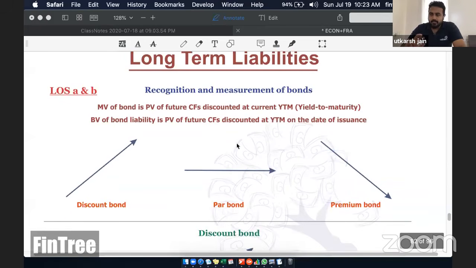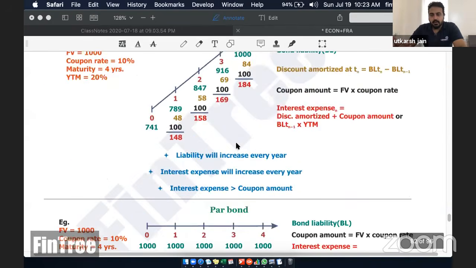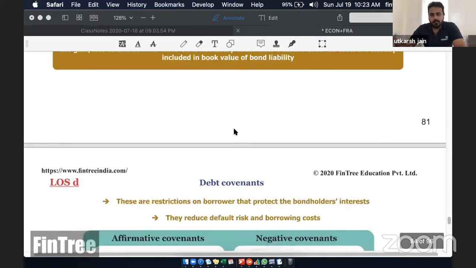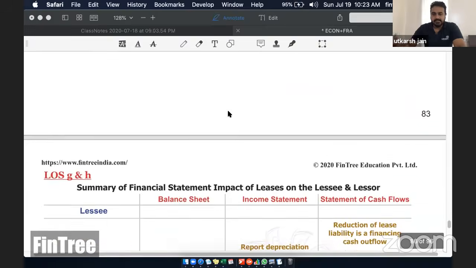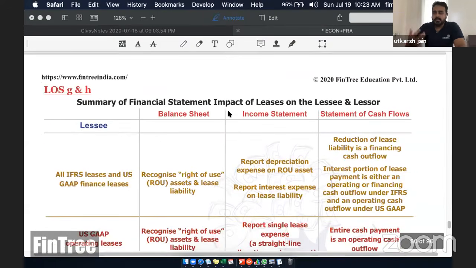The second part of the reading is, and this is where there have been a lot of changes in your syllabus this year in 2020, about leases, which is an extremely mathematical area, so to say. In very simple language, the way we want to look at leases is, I'm in need of an asset, let's say as simple as real estate.